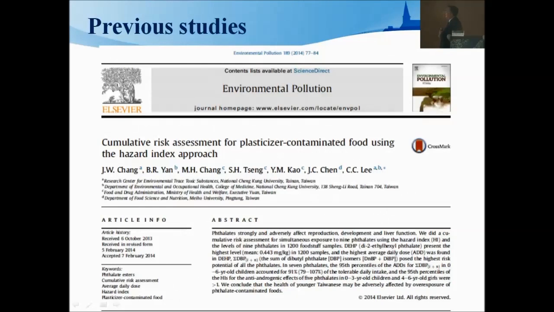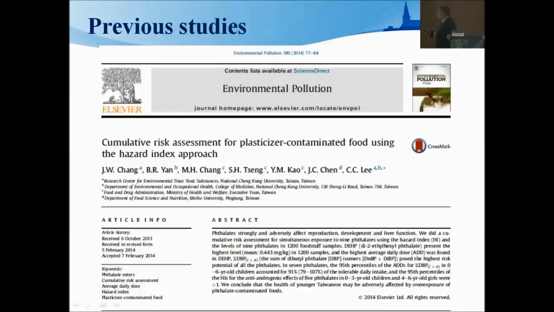The second study is on coverage in environmental pollution. As we know, phthalate-contaminated food broke out in 2011 in Taiwan, and we measured phthalate-contaminated food, about 1,200 samples.